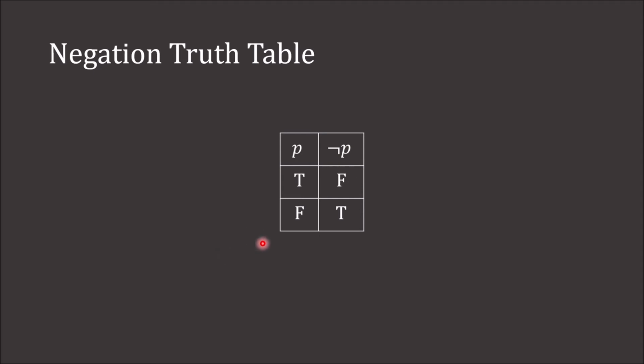If p is false, then the negation of p is true. In other words, negation simply switches a truth value.